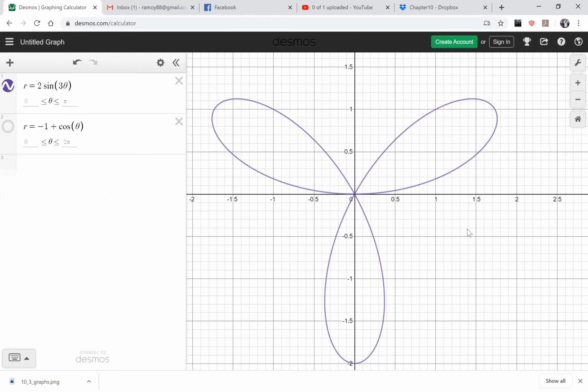So this is the curve r equals 2 sine of 3 theta. This is actually called a 3-leaf rose. You might have seen it if you did this in high school. It's a very pretty curve, it has 3 petals.